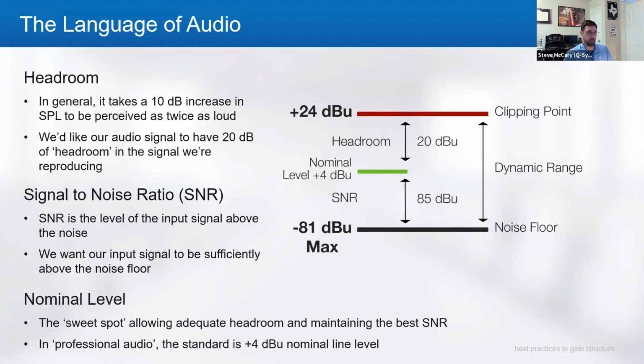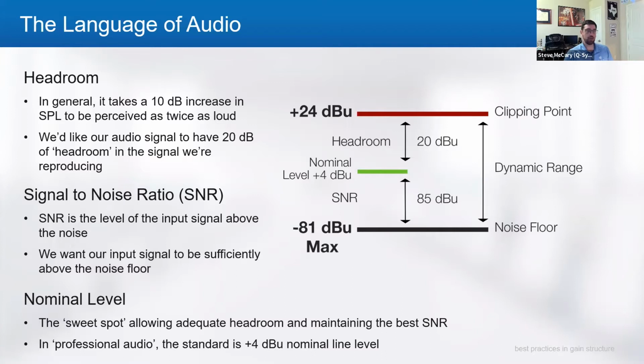First of all, we want to make sure that we are significantly above the noise floor. So we want to look at our signal to noise ratio. We want to make sure that we have enough signal to sufficiently get above that noise floor. So the sweet spot in the middle where we're trying to hit, that's called our nominal level. This will allow us to have adequate headroom as well as maintaining our SNR.